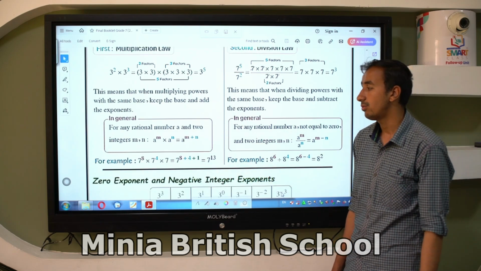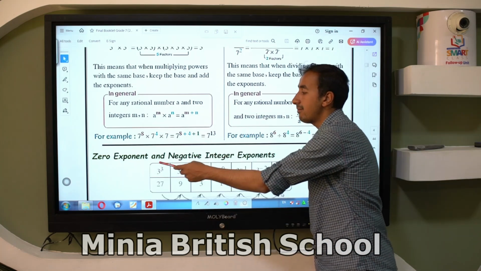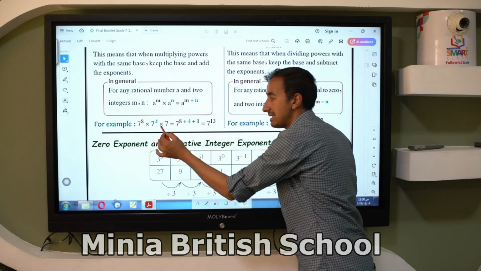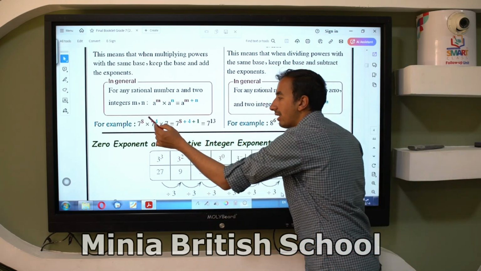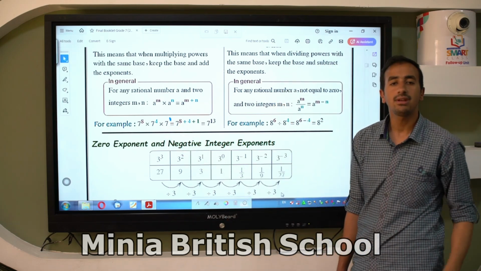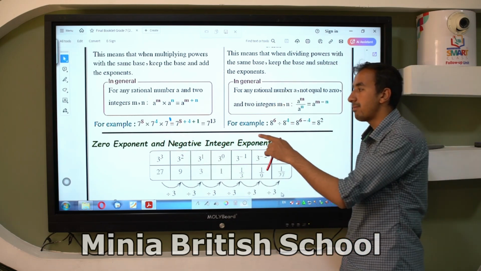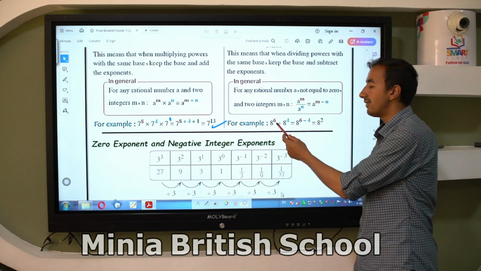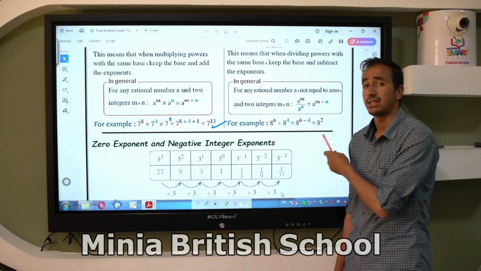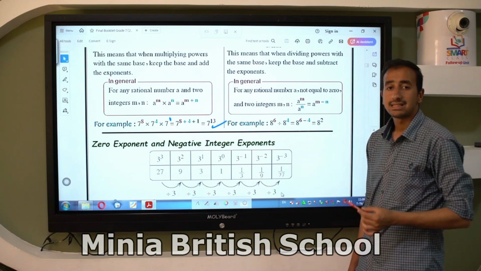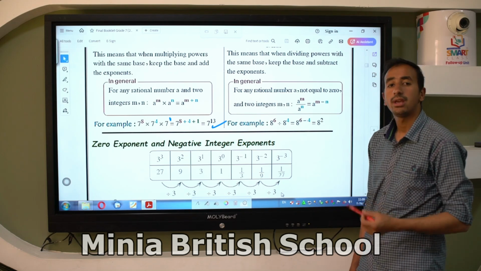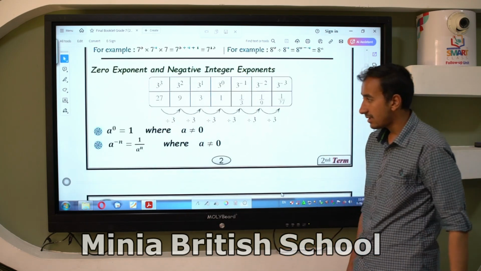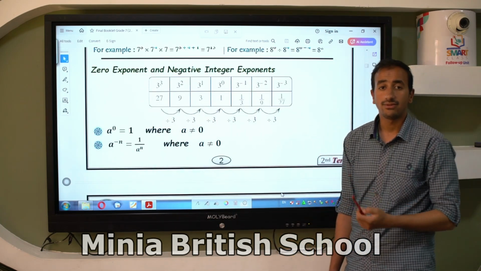As an example, 7 power 8 times 7 power 4 times 7 equals 7 power 8 plus 4 plus 1, which is 13. In division, 8 power 6 divided by 8 power 4 equals 8 power 6 minus 4, which is 8 power 2.